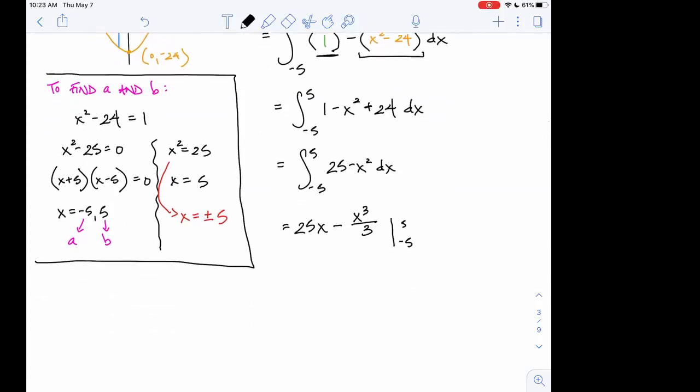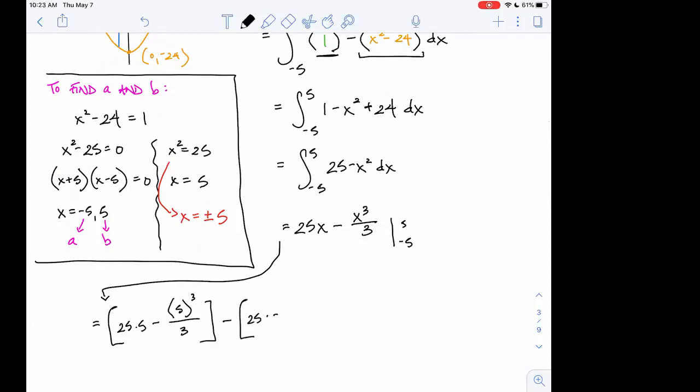Okay. All right, let's plug in our bounds. 25 times 5 minus 5 cubed over 3, minus 25 times -5 minus -5 cubed divided by 3.